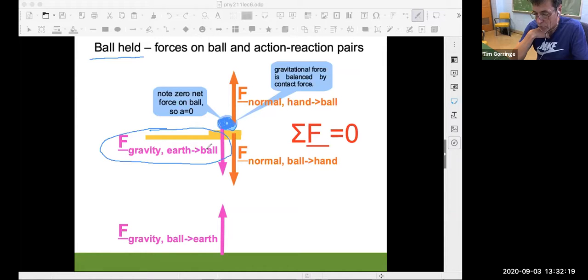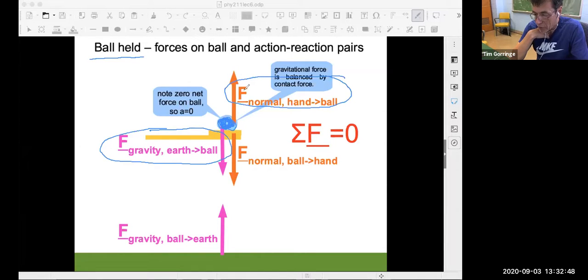So that's one force the ball experiences. Second force, that's the force of my hand on the ball. It's what we call the contact force, or what we often call the normal force. That normal here just means contact force in this context. And so again, I've drawn that force. It's this force arrow.